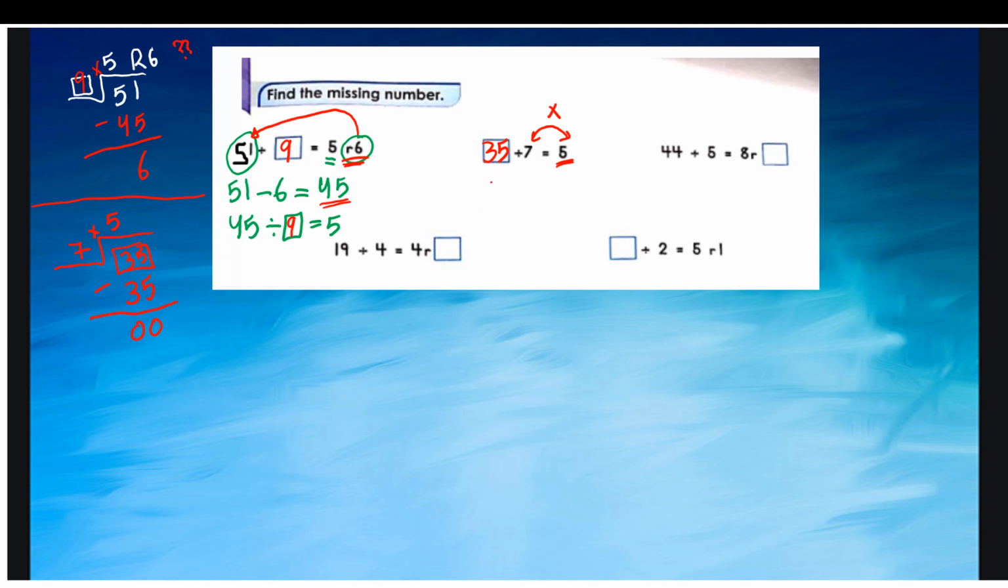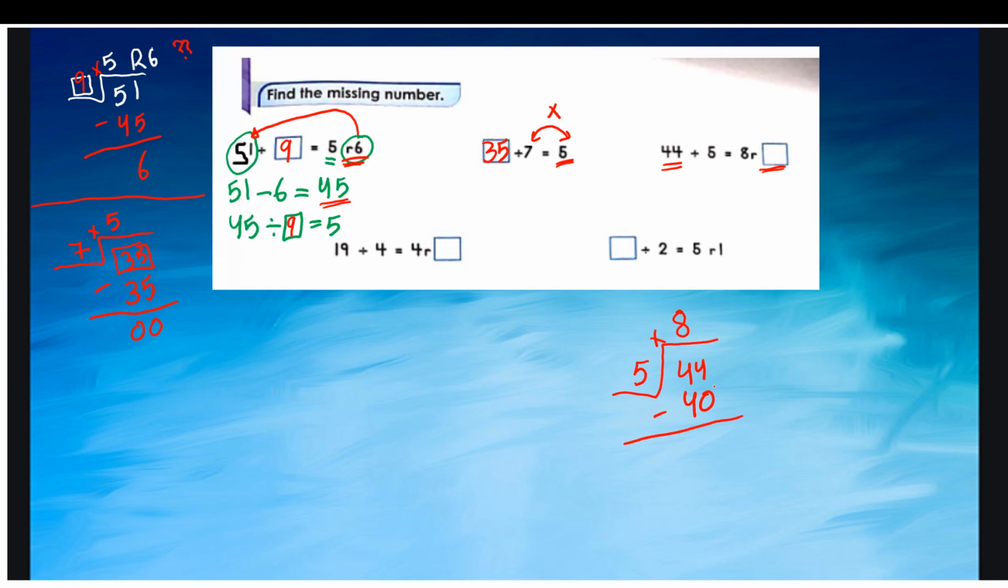Okay? Great. Now, 44 divided by 5 equals 8 with a remainder equal to, so the missing number here is the remainder. So we start to divide 44 by 5. We know that 8 times 5 equals 40.